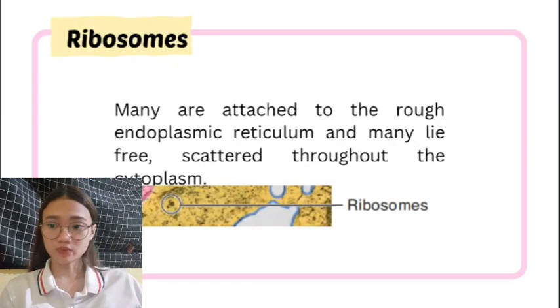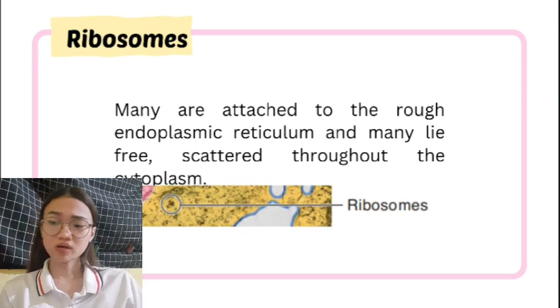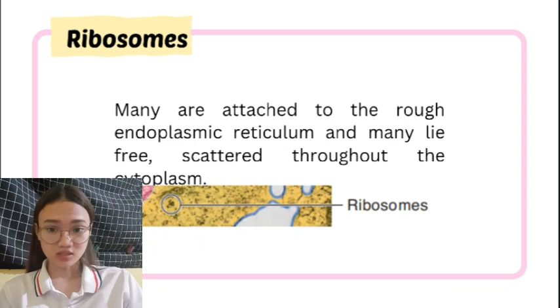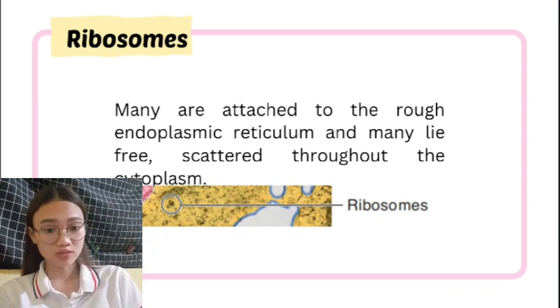Next, we have the ribosomes. Ribosomes are mainly attached to the rough endoplasmic reticulum and may lie free, scattered throughout the cytoplasm. So, kung makikita niyo yung maliliit na dot na yun, that is the ribosome. So, si ribosome is a non-membranous structure.